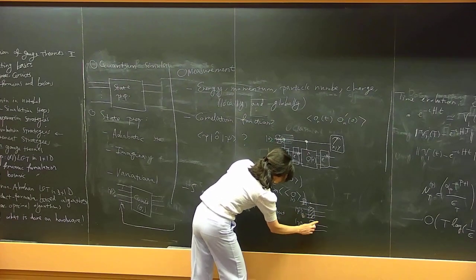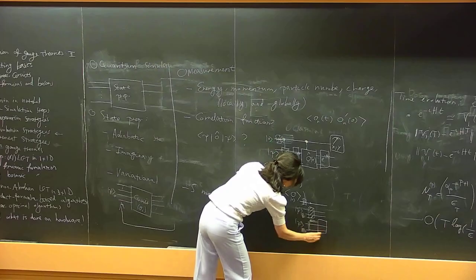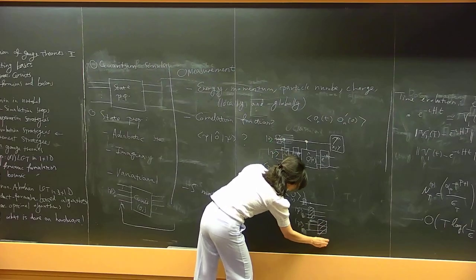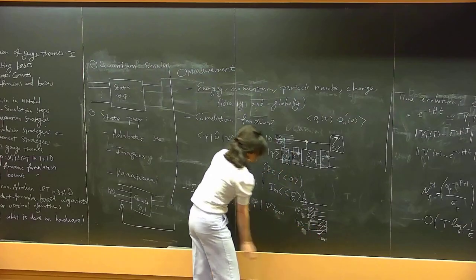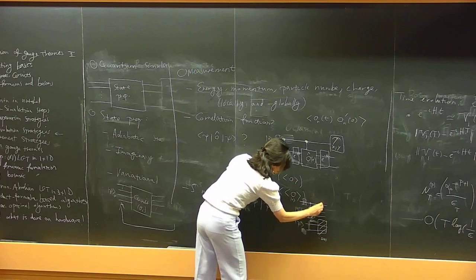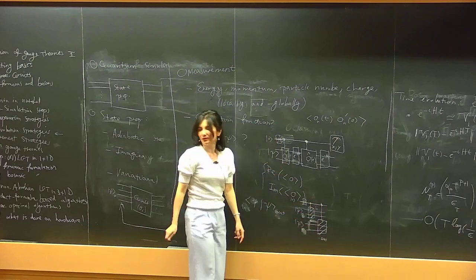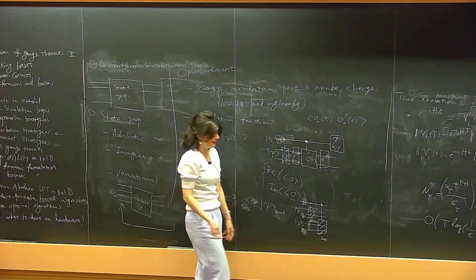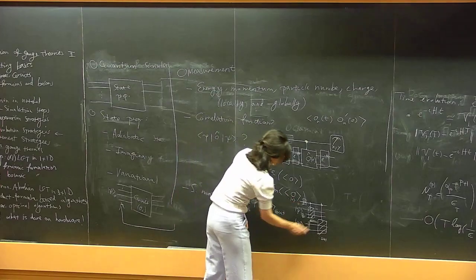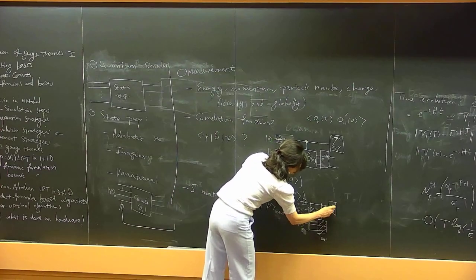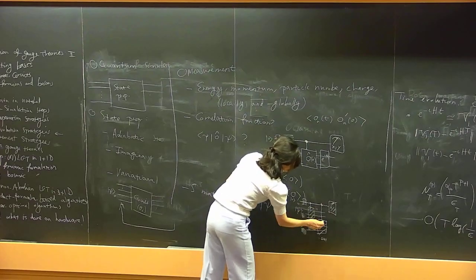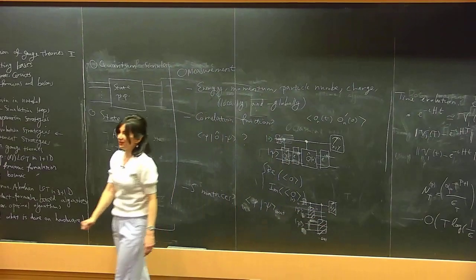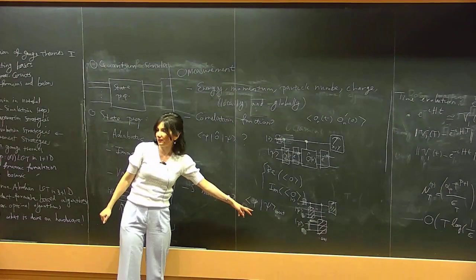This is the box that I'll put over here that prepares the psi out. So this is the in preparation, the out preparation. And then you have two controls over these. So you either prepare them or not prepare them, depending on the state of this qubit. And then you measure in the X or Y basis on this qubit. So then you get access to an overlap like this.